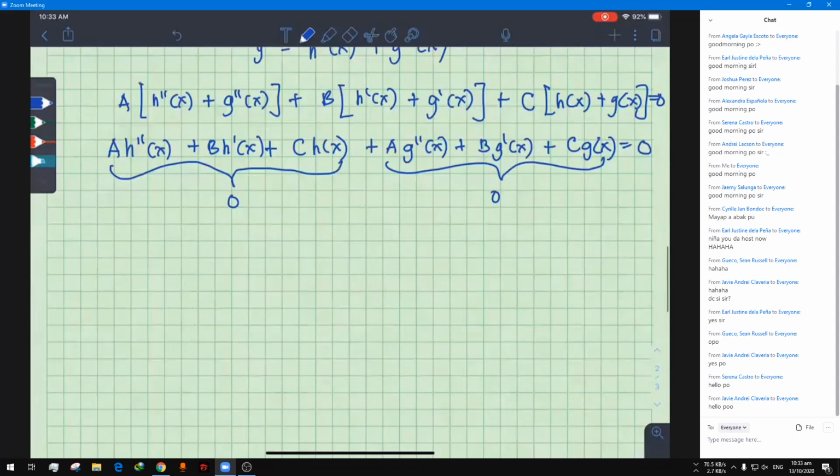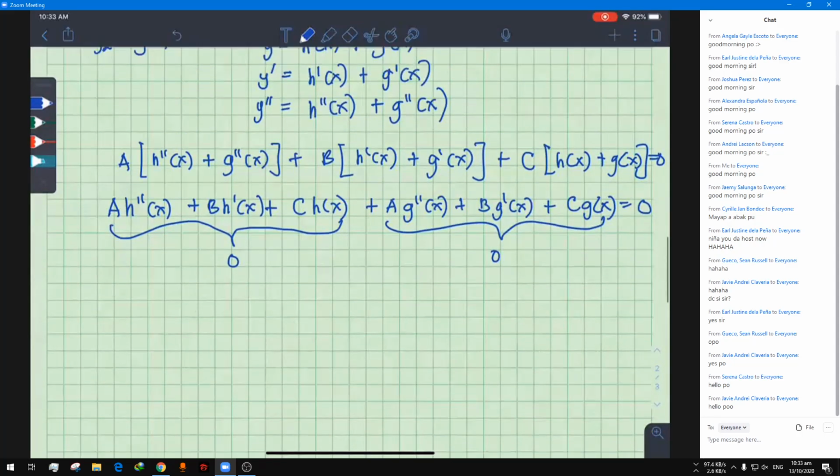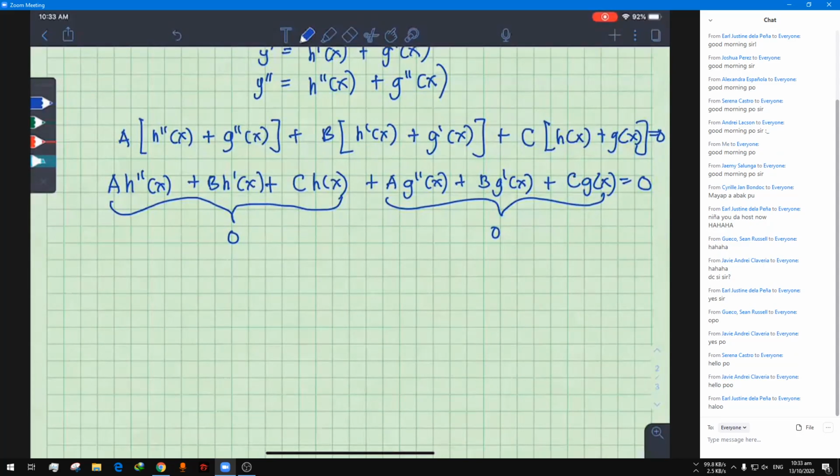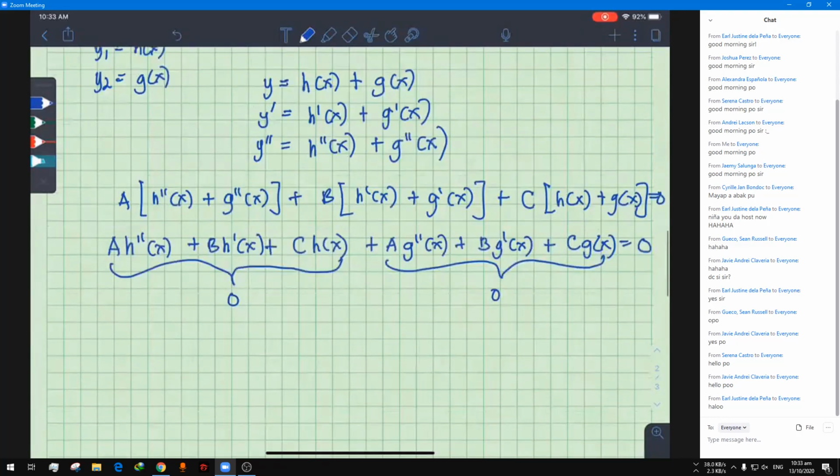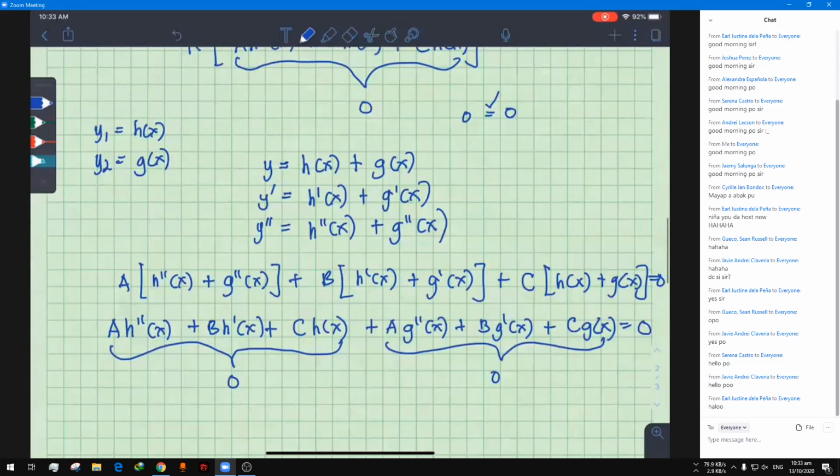Okay, so now we have seen that if we add two solutions to form a single solution, those are still solutions of the differential equation. So that is what we call the superposition theorem.